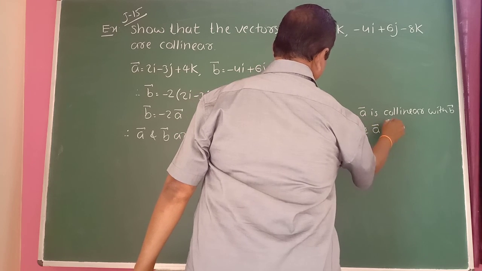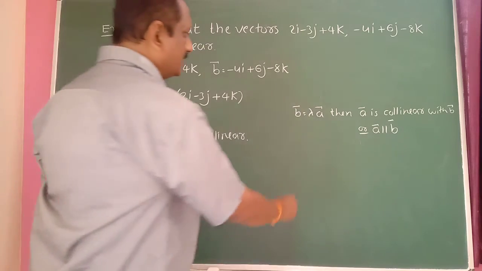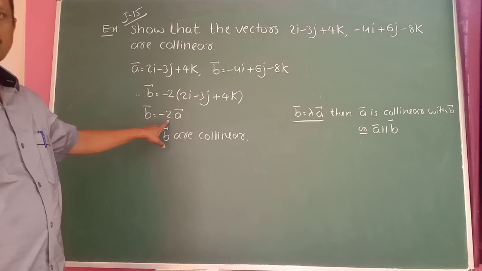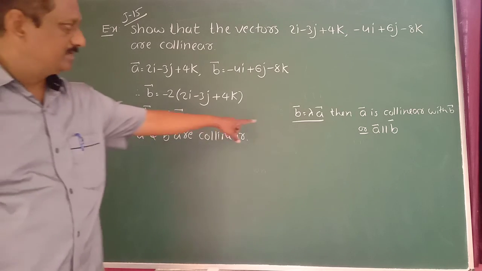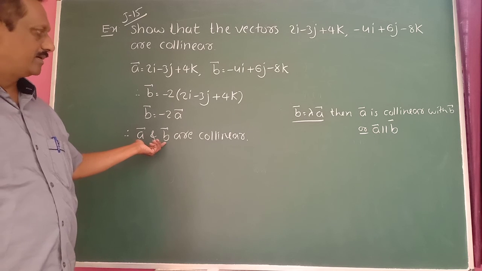If this condition is satisfied, here lambda value is minus 2. So therefore this condition is satisfied here. So we can write a bar and b bar are collinear.